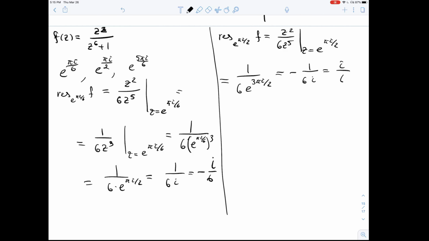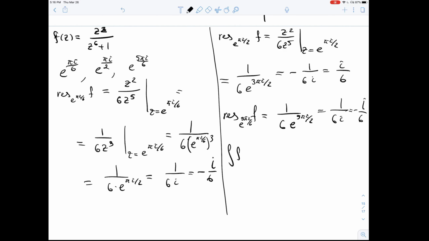And this will be i over 6, and finally the residue of f at e to the 5 pi i over 6 is 1 over 6, and now I need to raise this to the 3rd power, so e to the 5 pi i over 2, and 5 pi i over 2 is again i. So minus i over 6.